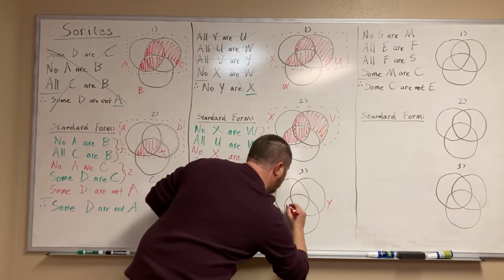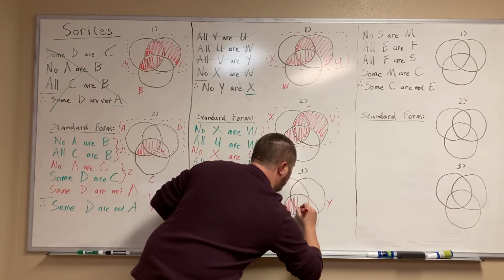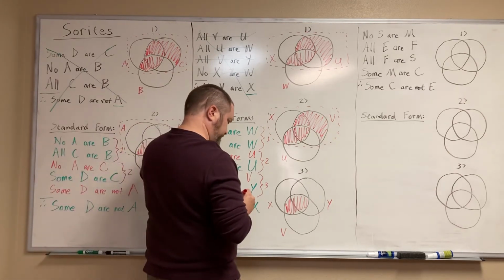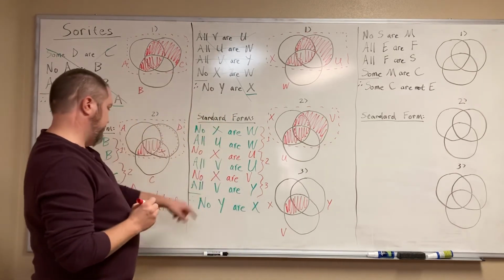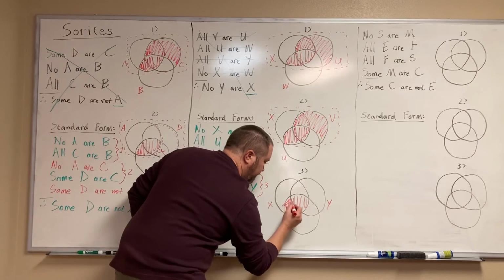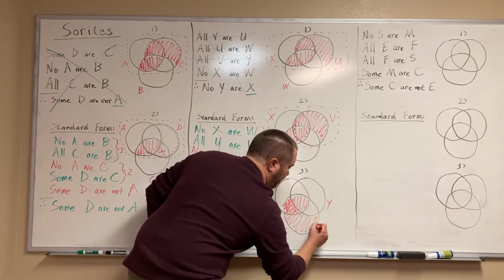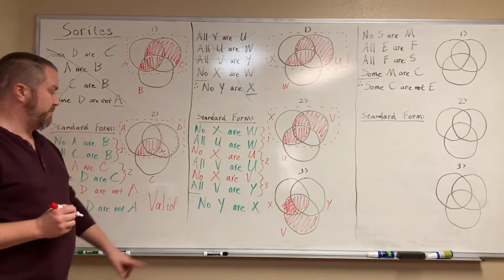No X are V. All V are Y, right? Yeah, all V are Y. So we're crossing off that bottom crescent.